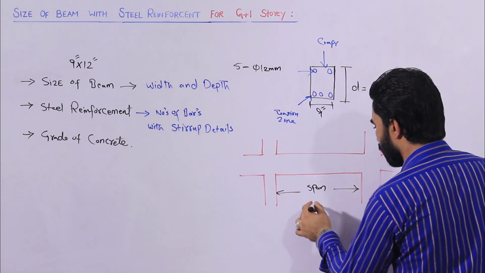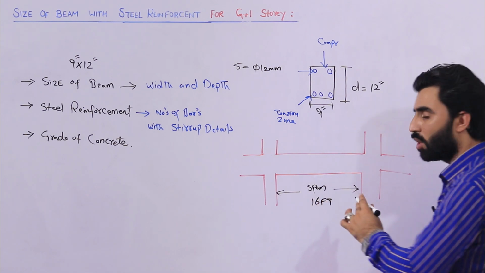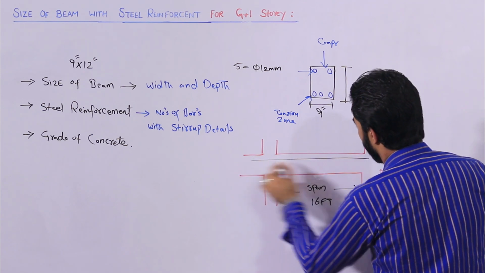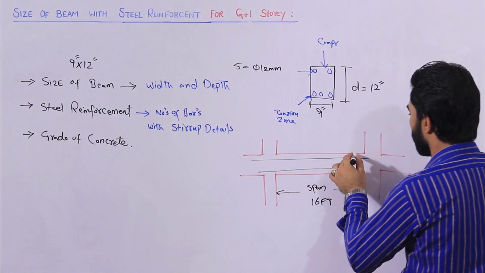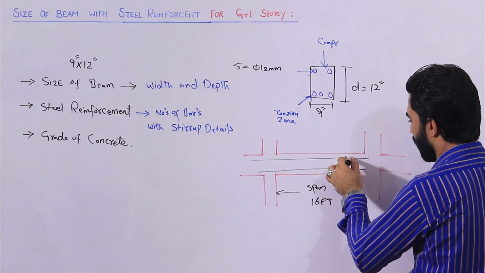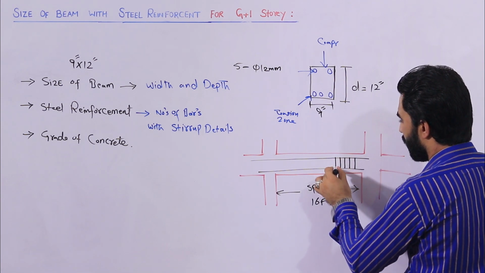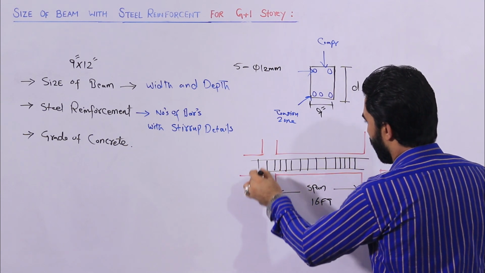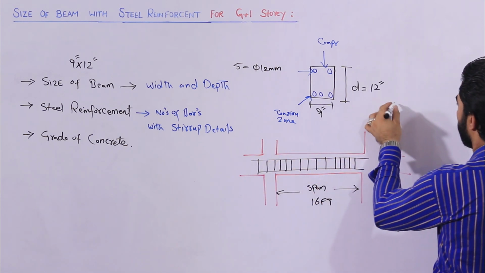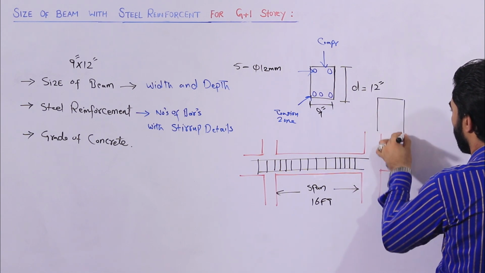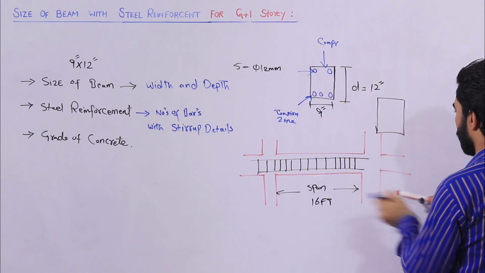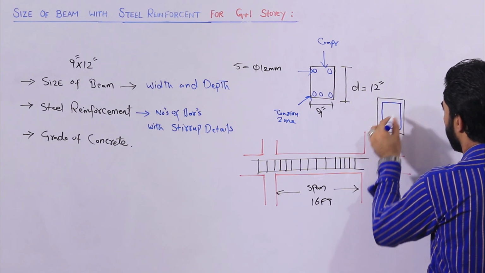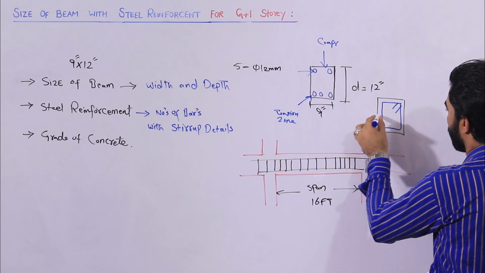The span you can keep up to 16 feet. Here we are providing the steel rods. These are stirrups, you can see the ring or stirrups. Let me draw the stirrup inside the beam. So this is called a stirrup.